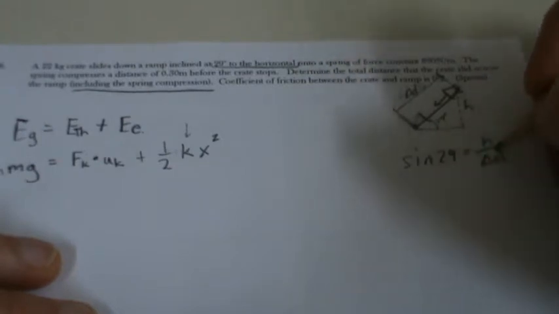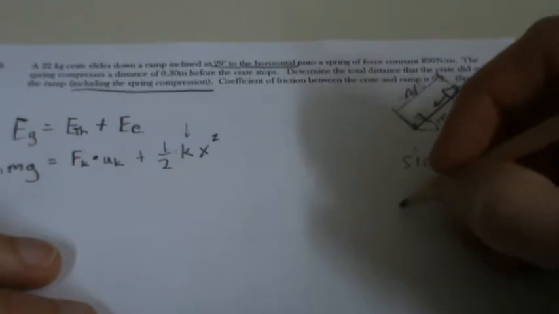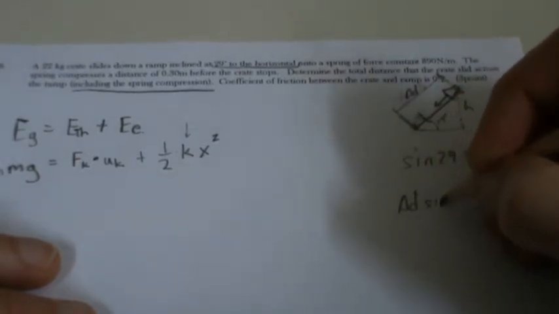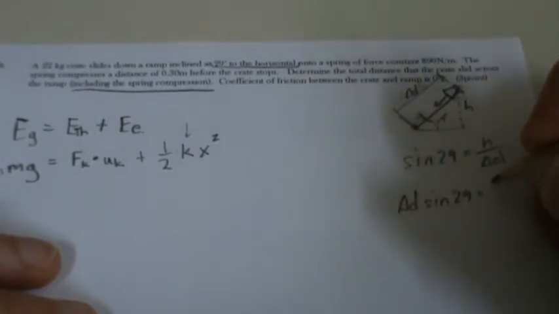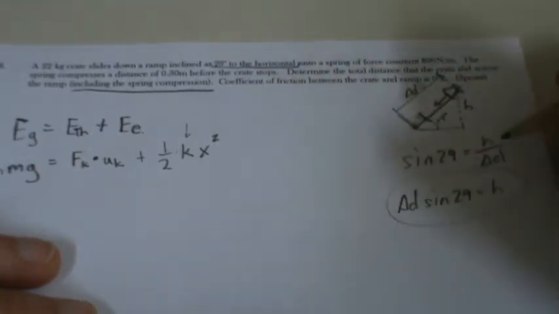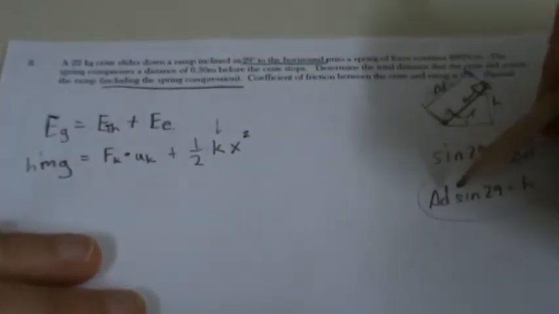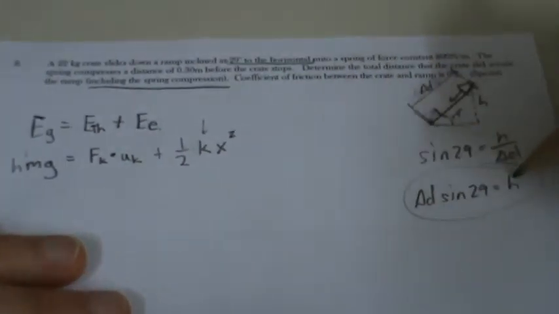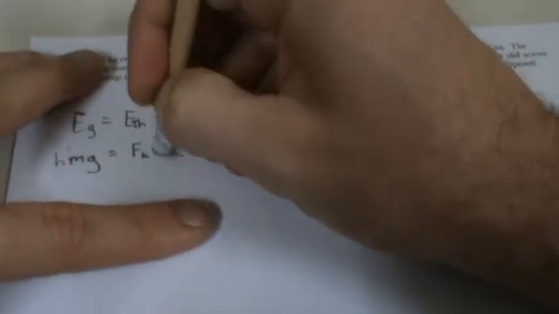If I solve for h in this situation, delta D sine of 29 is equal to h. Now you can get rid of this h over here and put this in its place, because h is equal to that. Now the force of kinetic friction, I keep writing this equation wrong.